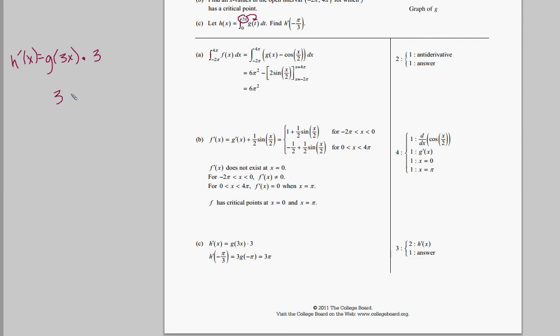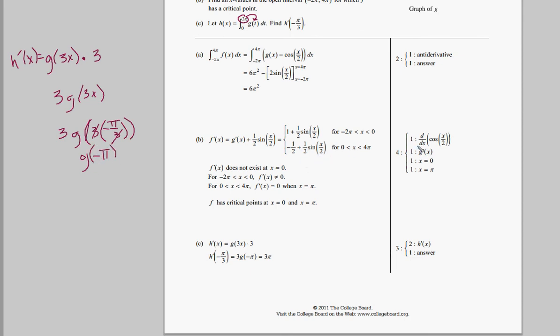So you have 3 times g of 3x. And then you're asked to put just negative pi over 3 in, so that would be 3 times g of 3 times negative pi over 3. Those 3's cancel right here. So I have g of negative pi.